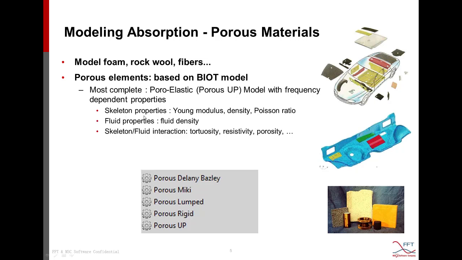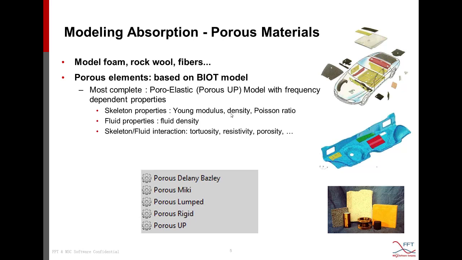So we have the skeleton properties, in which we need to model the Young modulus, the density, and the Poisson ratio of the skeleton. And then we have the fluid properties, for example the fluid density but also the fluid bulk modulus, but those are the properties of air, so we have no difficulty getting these properties and entering them into Actran.